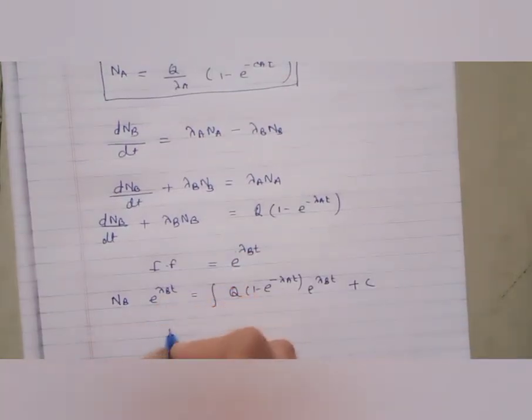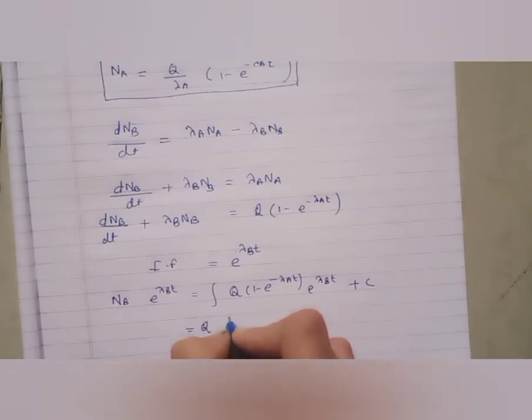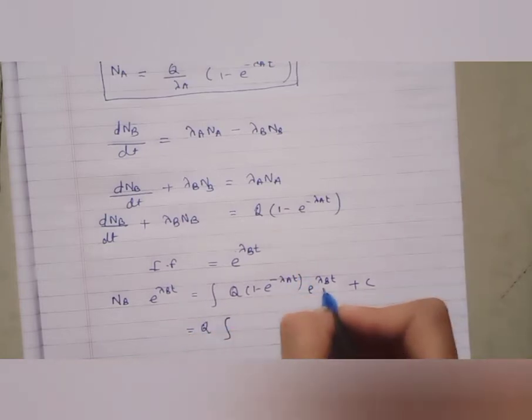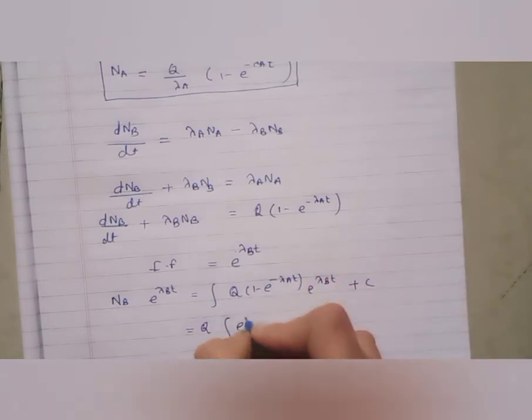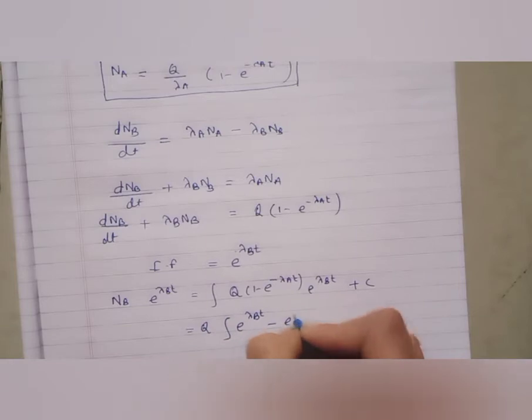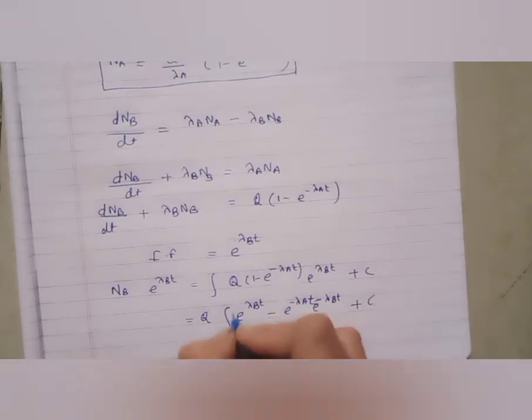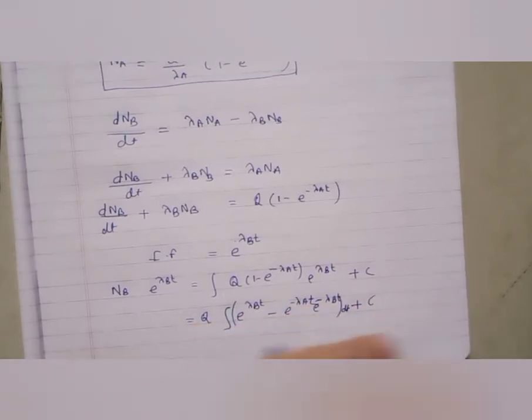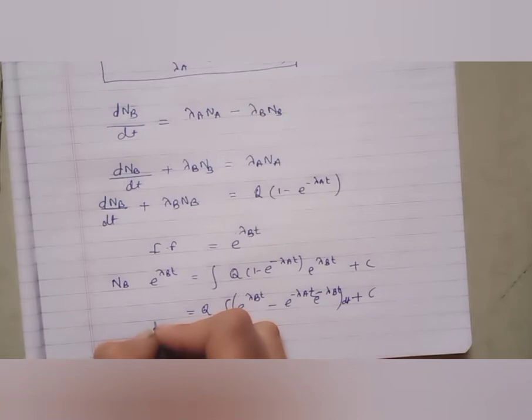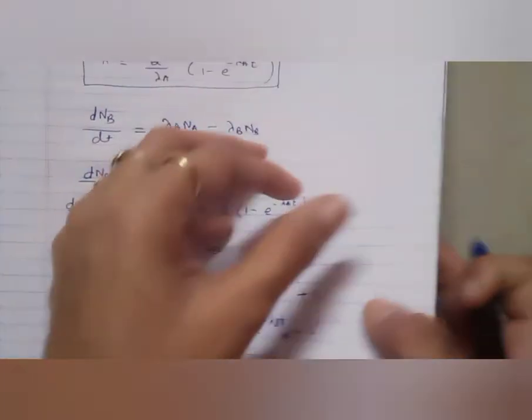Now we will solve this. We get q times the integration of, if I solve the bracket, e raised to lambda b t into 1, so e raised to lambda b t minus e raised to minus lambda a t into e raised to lambda b t, plus c, multiplied by dt. Next, I will find the integration of this.